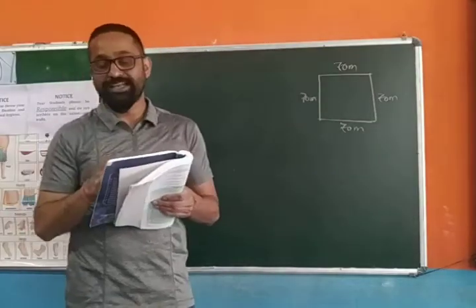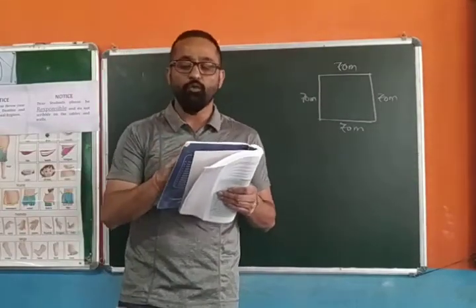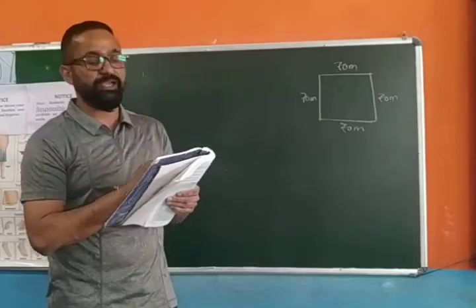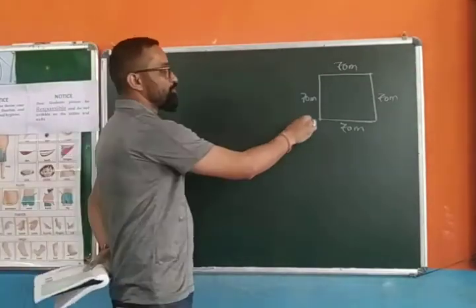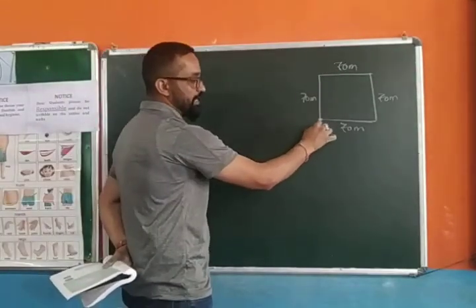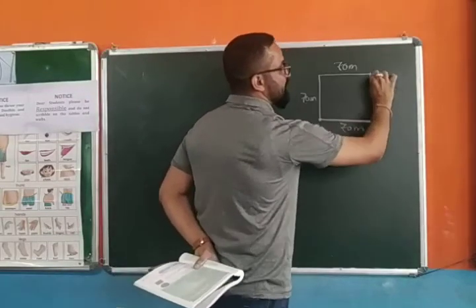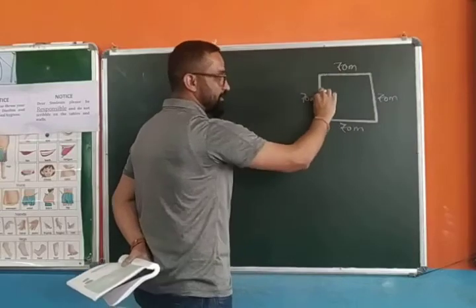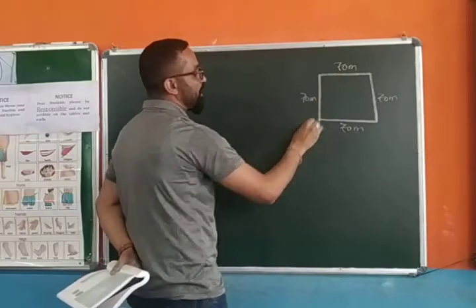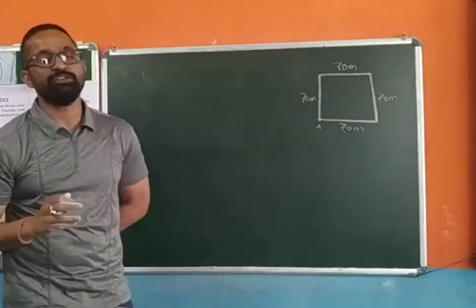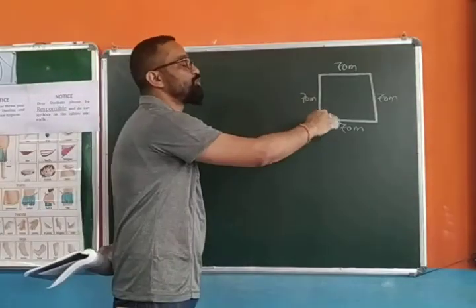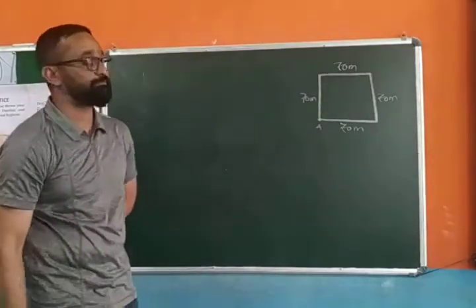How much distance will a boy walk in order to make one round? So suppose he's starting from A. He covers 70, 70, 70, 70 and comes back to A. So distance covered by the boy is equal to the perimeter of the square.